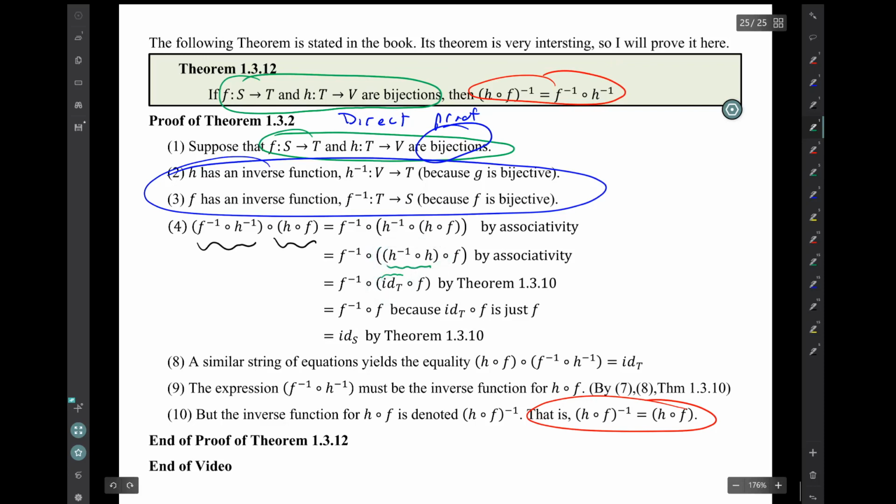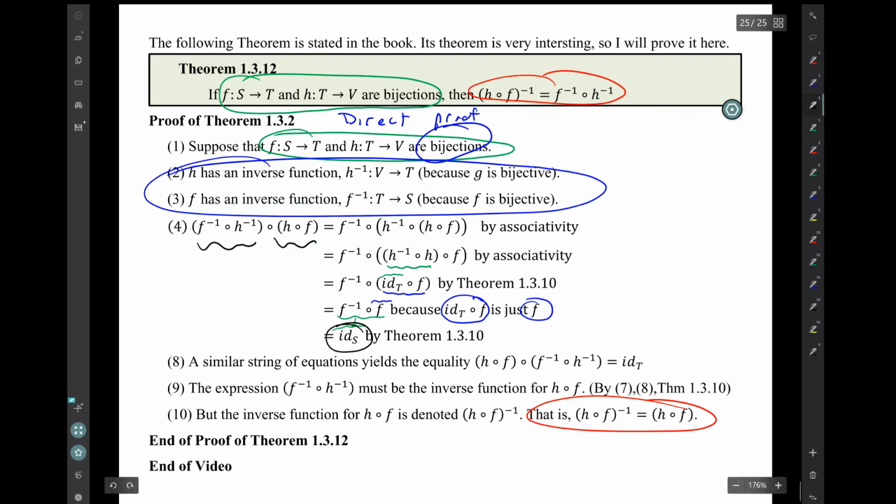And then we can use this fact, the identity map composed with a function is just that function. And then we use theorem 1.3.10 again to say that the function composed with its inverse is just the identity map. So what we end up having proved is that this wacky composition is just the identity map.